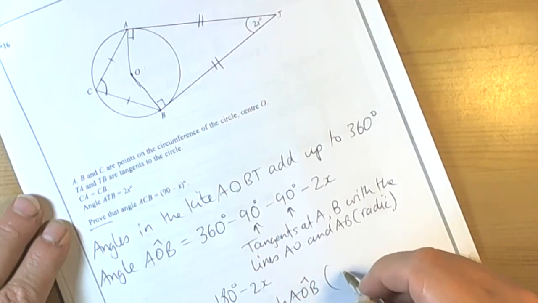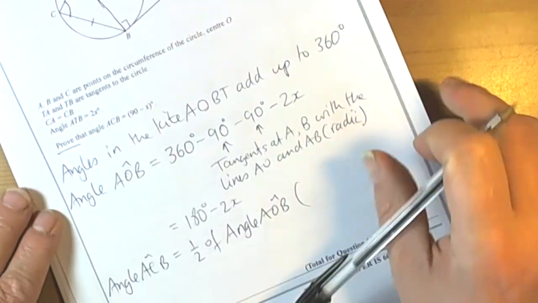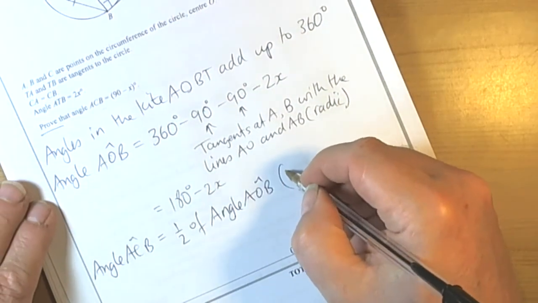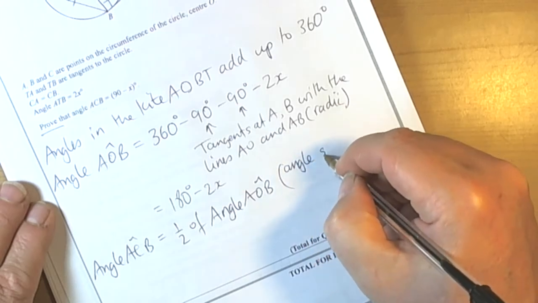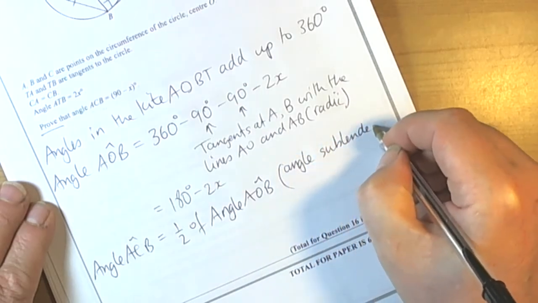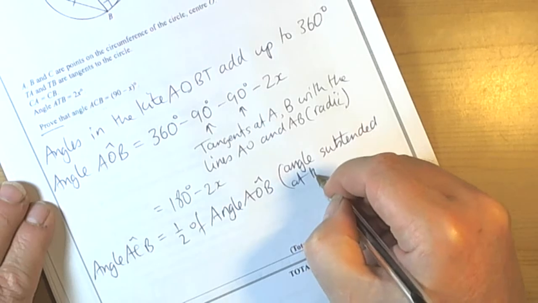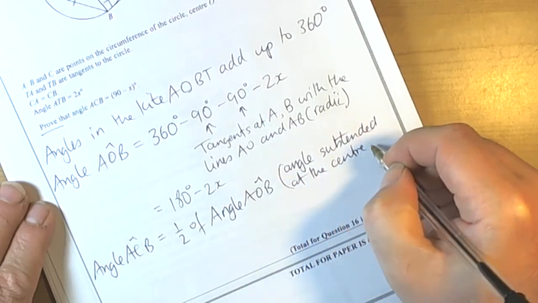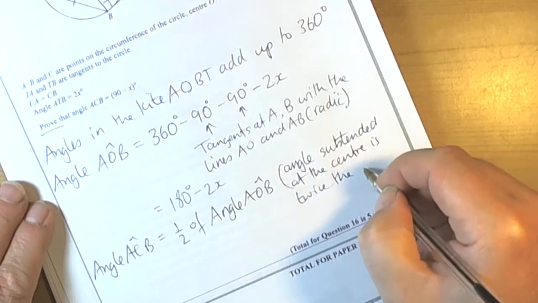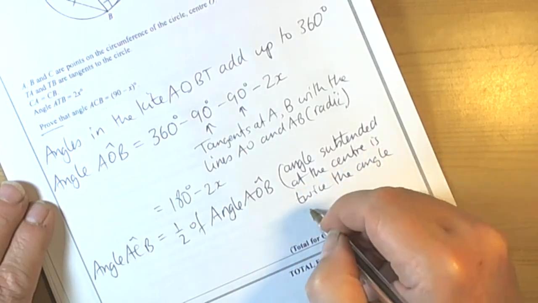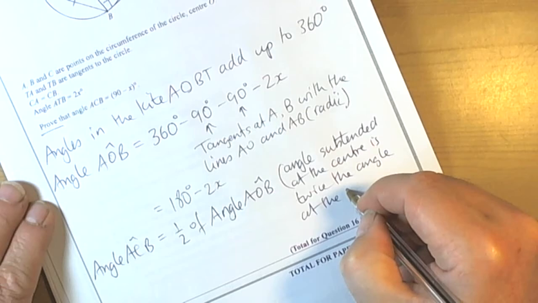Again, it's proof, it's a start question, so we really ought to be writing down what the reason is. So angle subtended at the centre is twice the angle at the circumference.